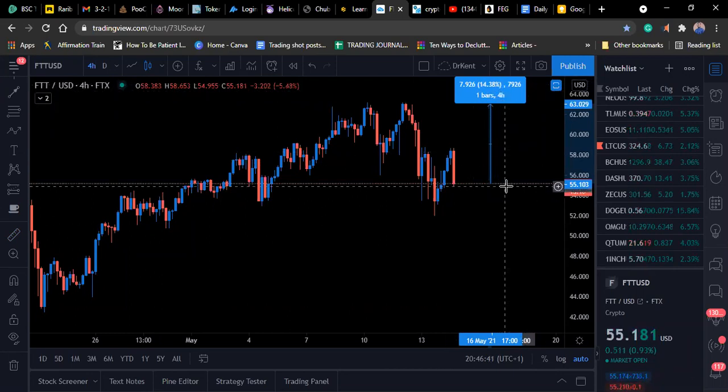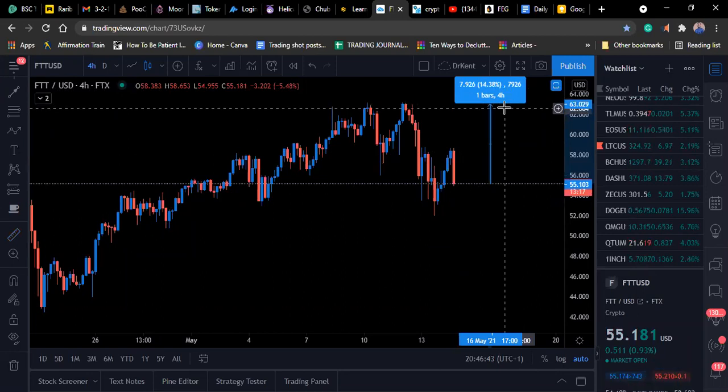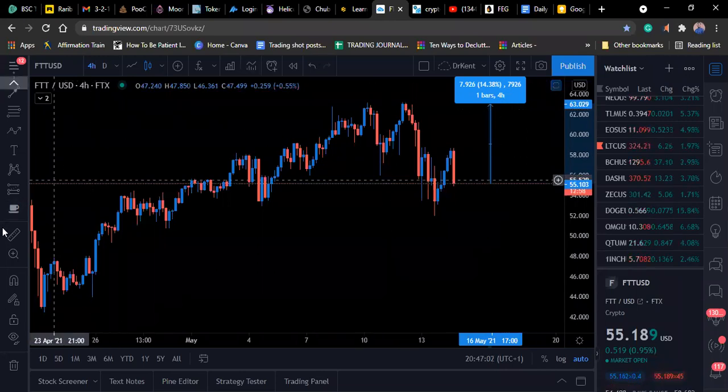So it means if I enter with $1,000 and price gets here, I would have made $140. So in advance, I already know how much I will make ahead of time if price gets to the level that I'm anticipating it will get to. Or if it goes against me, I already know in advance how much I will lose using this ruler.